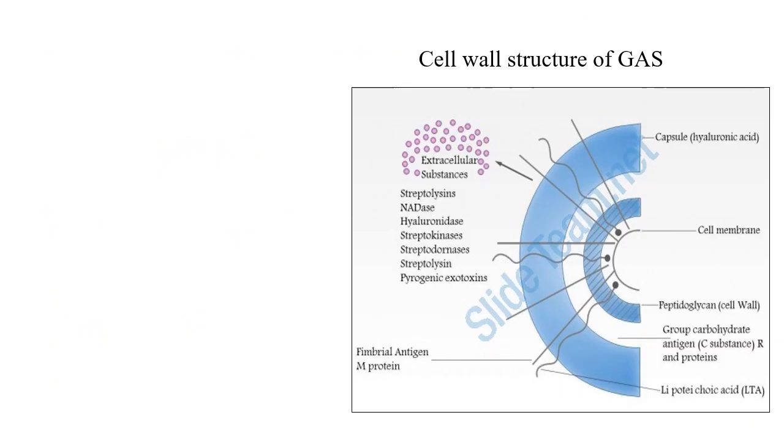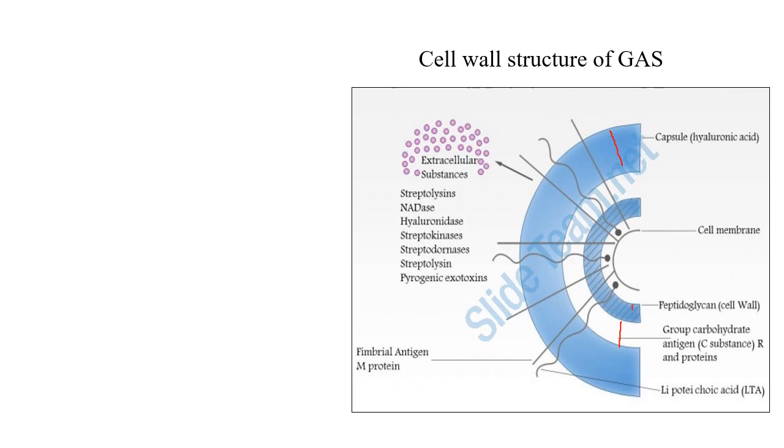So looking at the cell wall character of group A streptococci, what do you see? You see a capsule which is composed of hyaluronic acid. Then there is this group C carbohydrate, which is a very important carbohydrate in beta hemolytic strep.